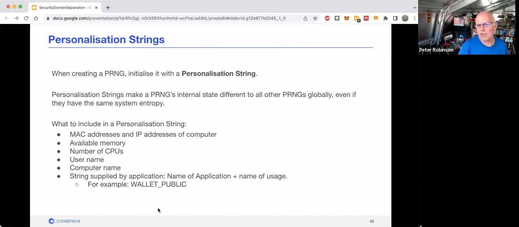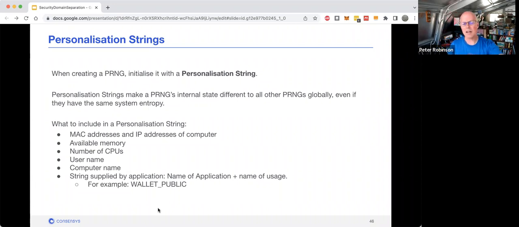Another thing that you should do is use personalization strings. The idea here is to make sure that each instance of a PRNG, even if it has the same entropy going in, generates different numbers going out. And so you try and have information that localizes the PRNG to the computer you're using.